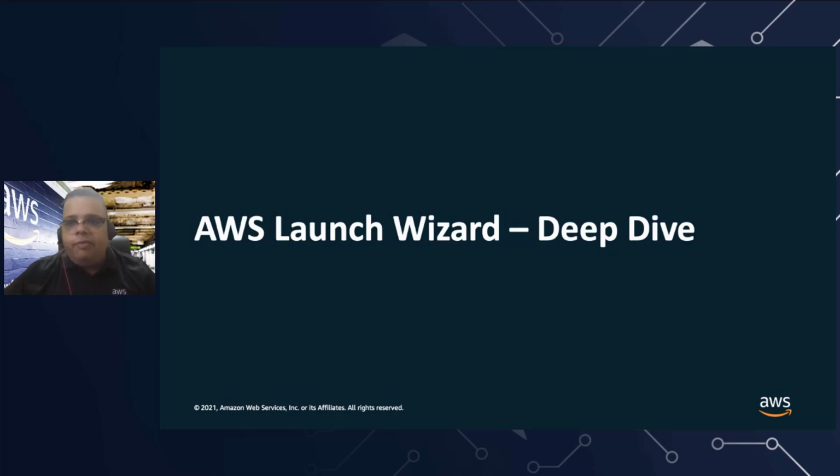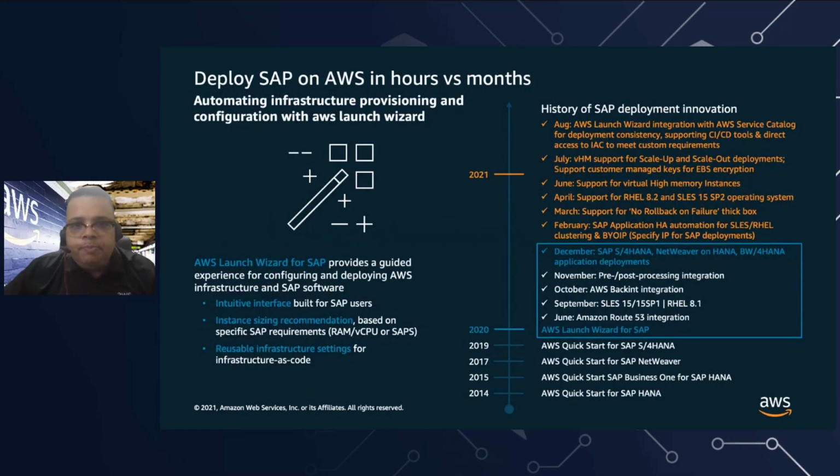So now you have a fair idea about the architecture pattern and about the instance types to select. Now the next point is how to deploy S/4HANA on AWS. So we have our tool called AWS Launch Wizard, which I'm going to discuss next.